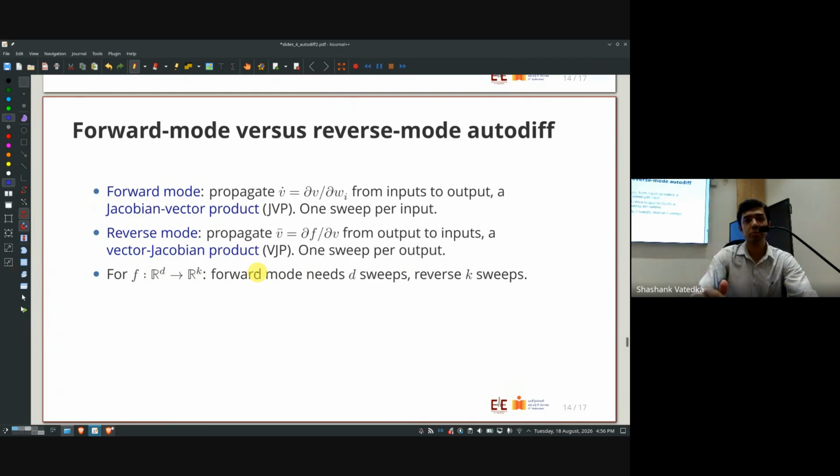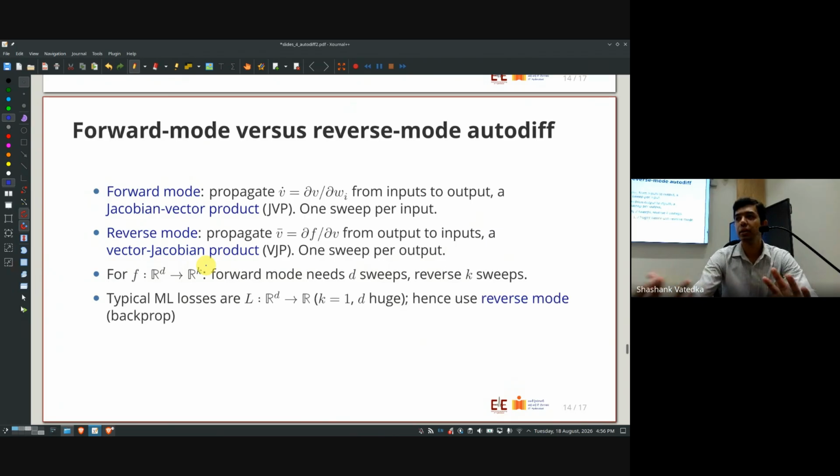And there are d input variables, but then you get the partial derivatives for all of the outputs with respect to that one particular input. If you did reverse mode automatic differentiation, then you need k sweeps, that is the number of output variables.